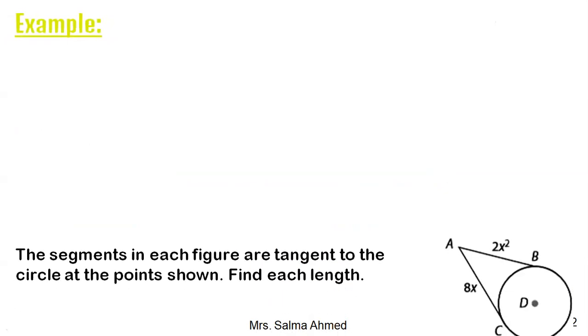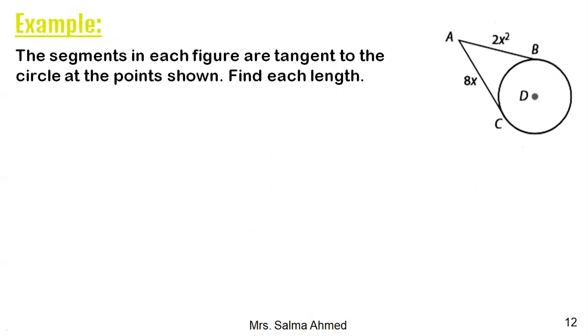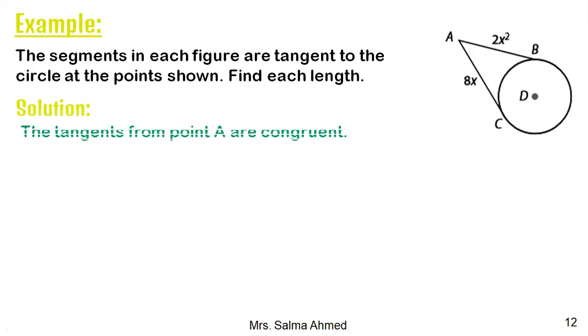Another example. The segments in each figure are tangent to the circle at the points shown. Here we have 2 tangents, AC and AB. Find each length. I need to find x first to substitute to get the length of these 2 tangents. The tangents from point A are congruent, so both are equal.